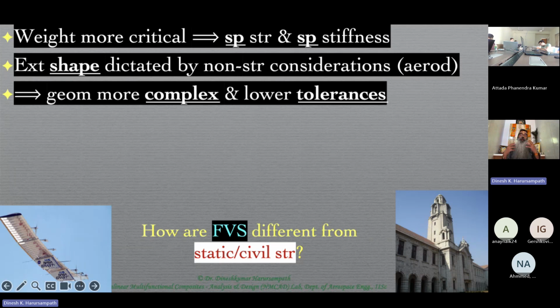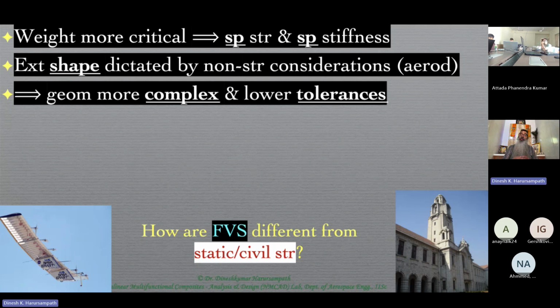So you need to be much more precise in actually manufacturing them, which also has connotations in terms of the materials used, their machinability, and other aspects of manufacturability will come into the picture, and some of the material properties will dictate that.